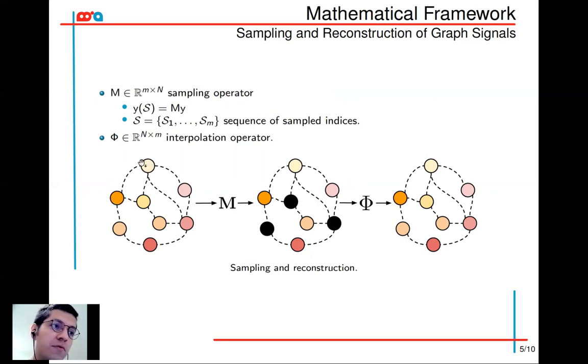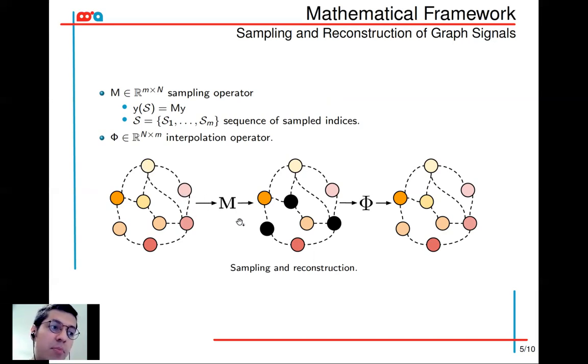So for example, if we have here a node that is representing Munich, and this node is representing Berlin, for example, the graph signals are gonna be the colors of those nodes. For example, in the case of Berlin and Munich, it could be the temperatures in those cities at this moment.